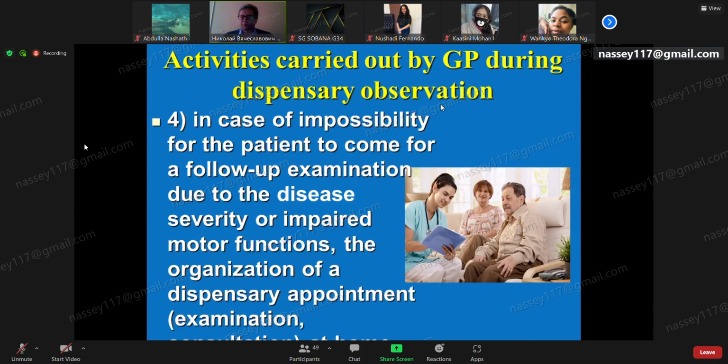In case of the patient's impossibility to come for a follow-up examination due to disease severity or impaired motor functions, the medical organization provides organization of a dispensary appointment or examination and consultation at home.